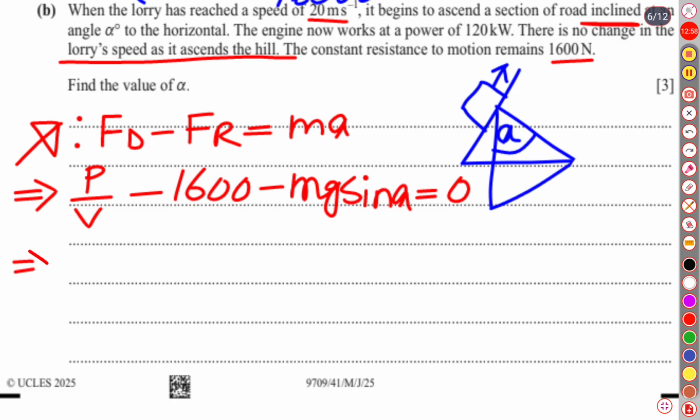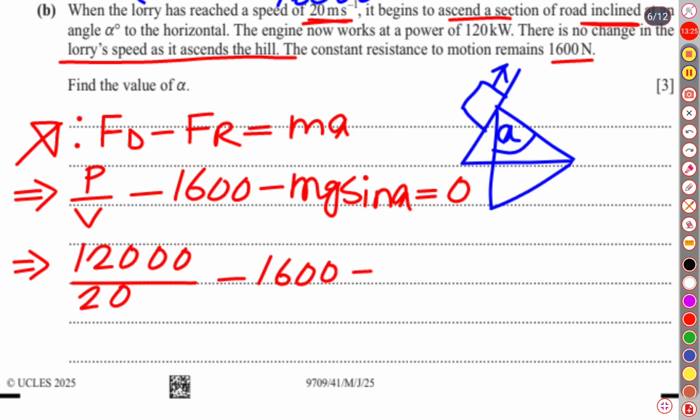Now if we substitute the values, our power is given as 120 kilowatt. So 120,000 over velocity, which is 20 meter per second, minus 1600, minus mass of the lorry 18,000 times acceleration due to gravity 10, so it is 180,000 sine alpha.